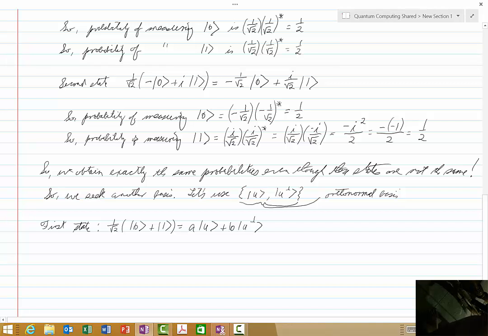So this makes matters very easy because we can find A and B very easily in the following ways.